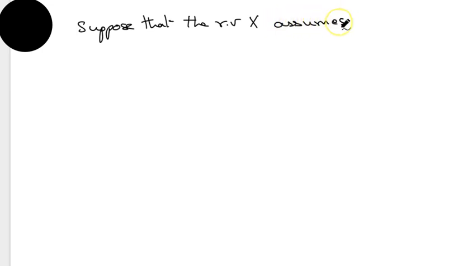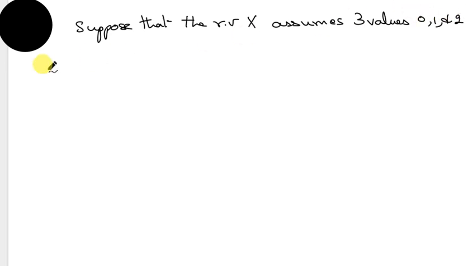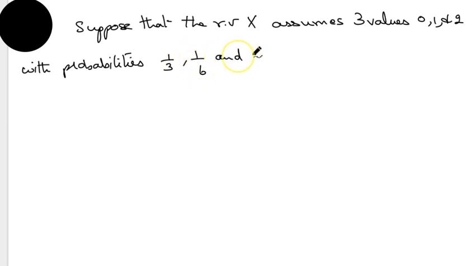Suppose that the random variable X assumes three values, say 0, 1, and it also takes the value 2, with the probabilities 1 by 3, 1 by 6 and half.